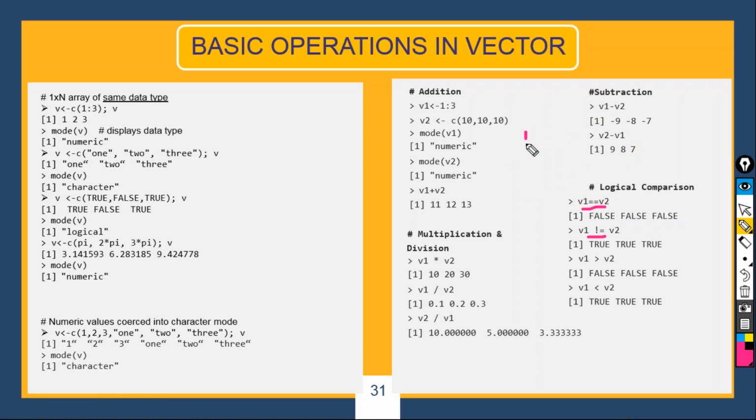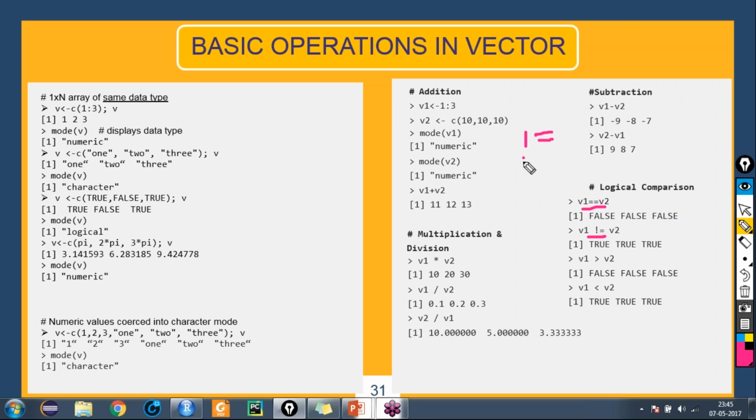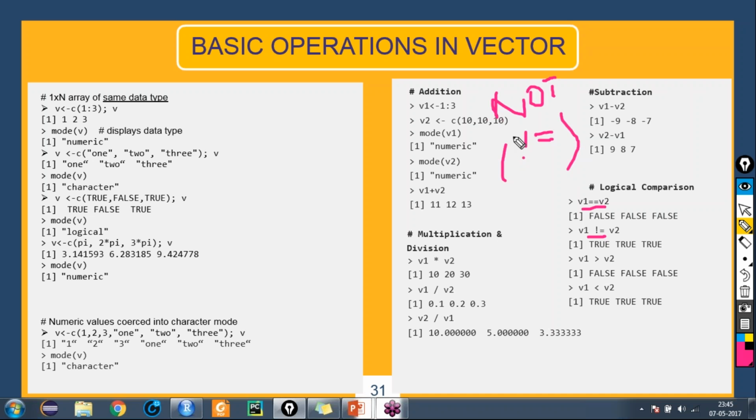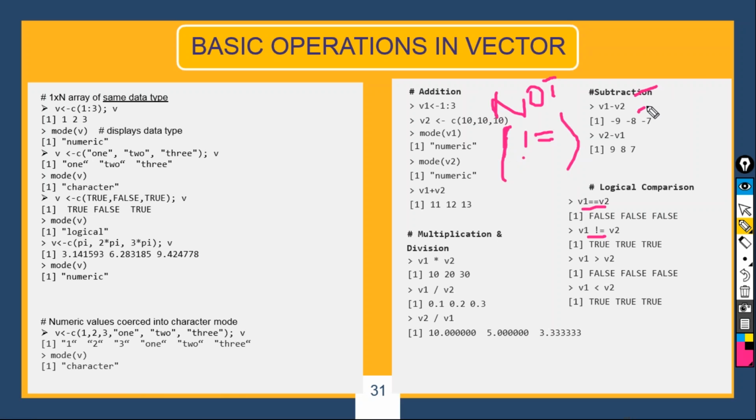And what is this? Exclamation equal to. Here exclamation means not, right? Exclamation with equal to is a comparison, but if it's a single equal to, then it's an assignment, right?